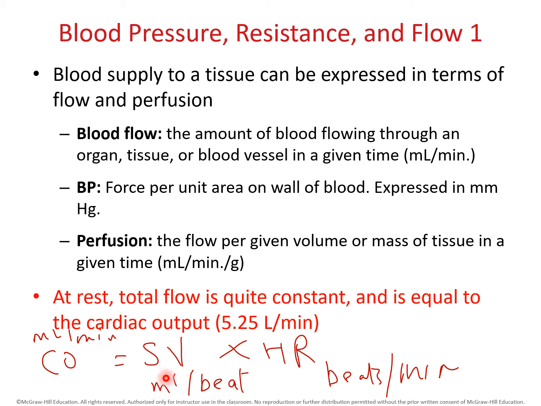The cardiac output is equal to the stroke volume times the heart rate. Now, stroke volume, if you remember, is the volume of blood ejected from each ventricle when the heart contracts. Okay, and this is the formula for cardiac output, and you need to remember this. There's no way around it.